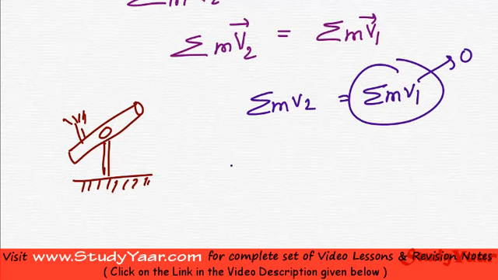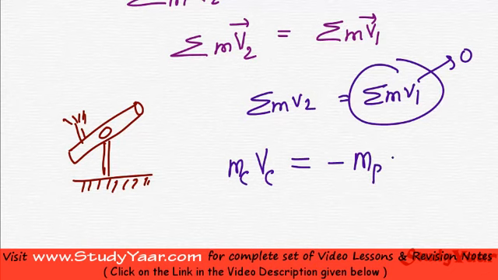So what you're going to have is mass of cannon into velocity of cannon after the projectile has been fired is equal to negative of mass of projectile into velocity of projectile. So if my projectile goes this way, my cannon is going to go back, or it's going to go this way.